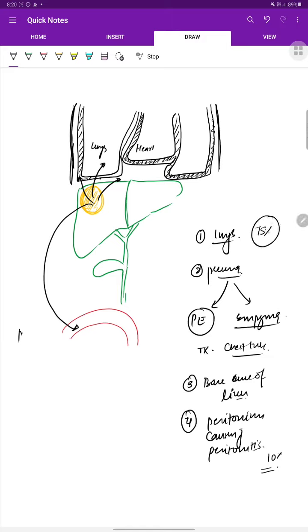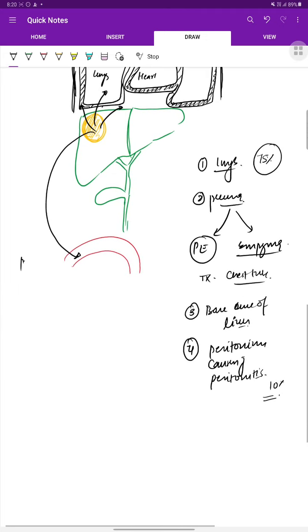75% of the time. It can rupture into the bronchus, causing a bronchopleural fistula, which also comes in the lung part. Okay, and it can rupture into the intestine or into the skin.